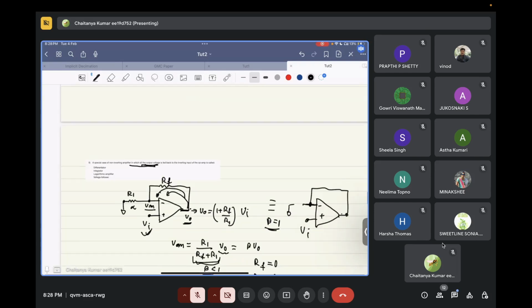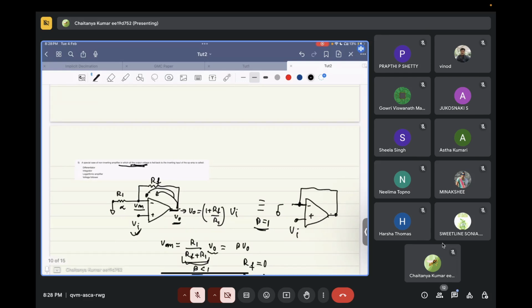So if the feedback factor is equal to 1, your RF will be equal to 0 and R1 will be equal to infinity. So this will behave as a voltage follower. And this you always keep in mind, whatever the feedback factor is, the gain is proportional to the reciprocal of the feedback factor. Is this clear? Yes, sir. Okay.